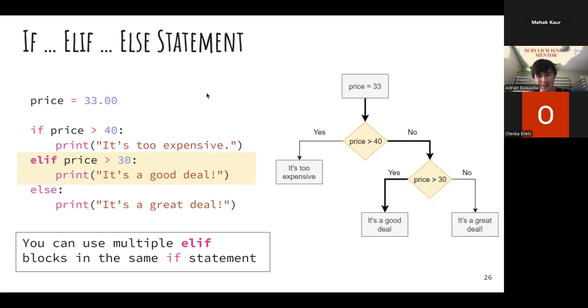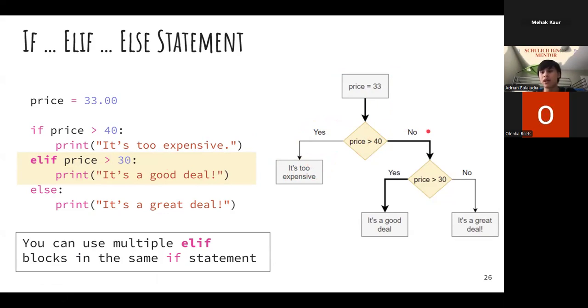If, elif, and else statements. Say we're haggling someone for a price. Let's say our initial price is equal to 33. If the price is more than $40, you might say it's too expensive. I'll use my laser pointer. We have our price here. If it is greater than $40, then it's too expensive.